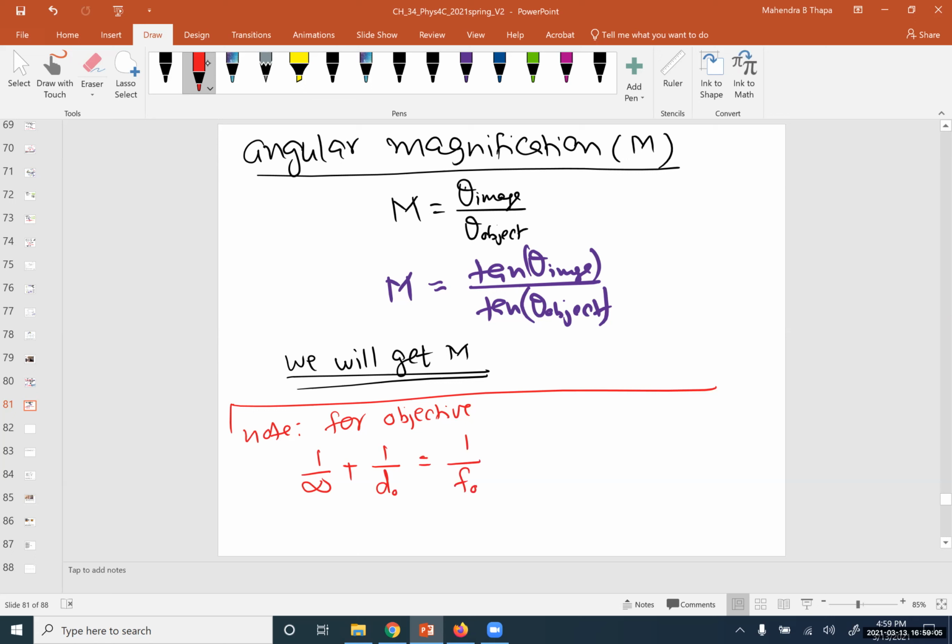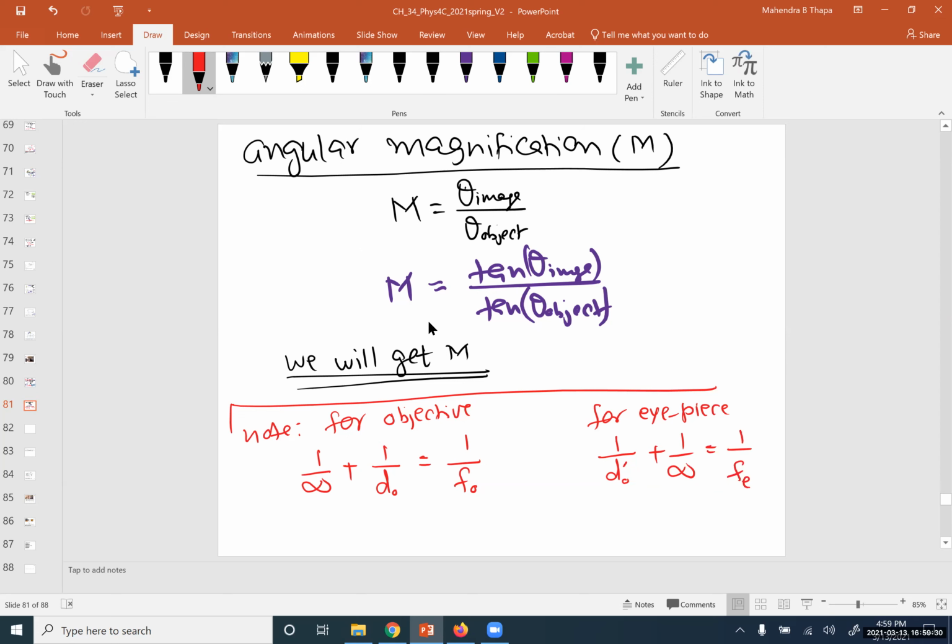If you consider the eyepiece, it will be 1 over d naught prime, with the final image at infinity, equals 1 over fe.